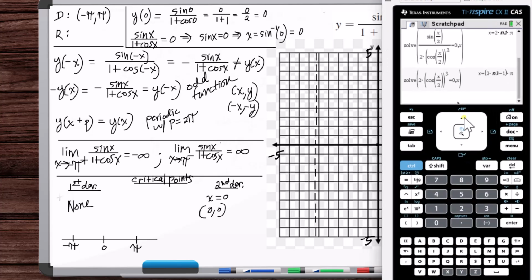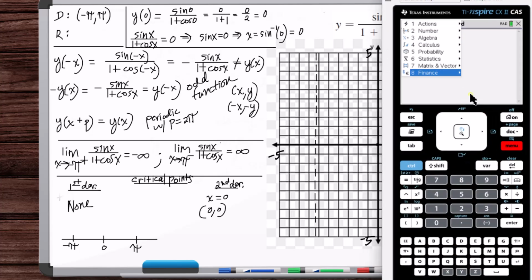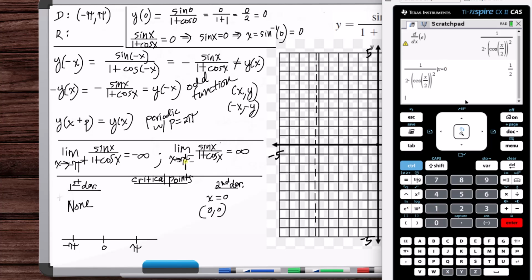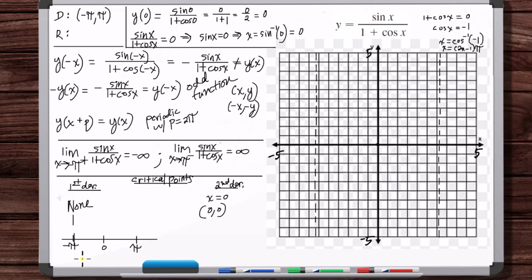So what we need to do is take the derivative and evaluate it at x equal to, say, anything within minus pi to pi. So it's positive. So it's going to be increasing everywhere.